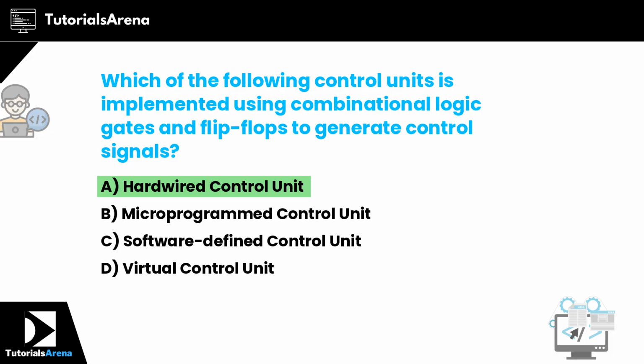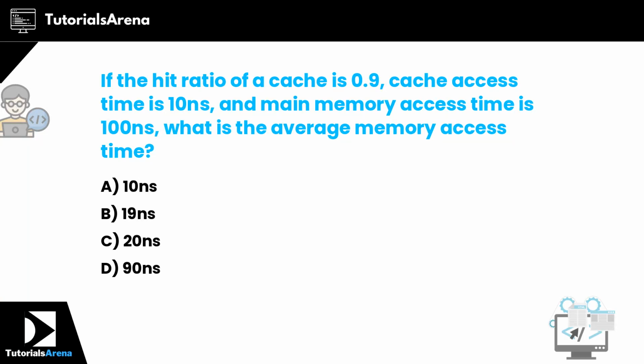The correct answer is option A, hardwired control unit. If the hit ratio of a cache is 0.9, cache access time is 10 nanoseconds, and main memory access time is 100 nanoseconds, what is the average memory access time? The correct answer is option B, 19 nanoseconds.